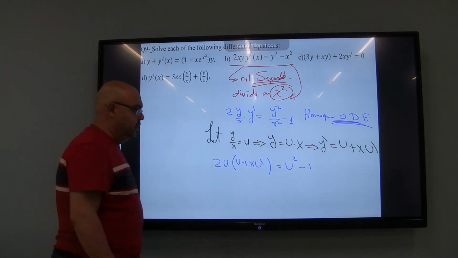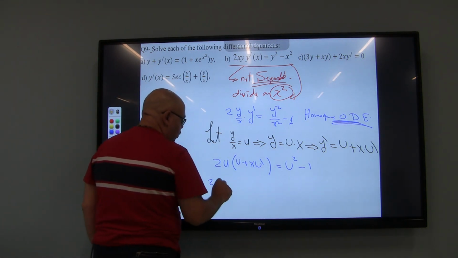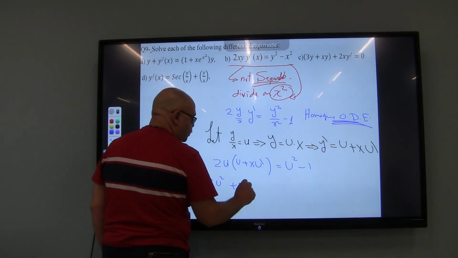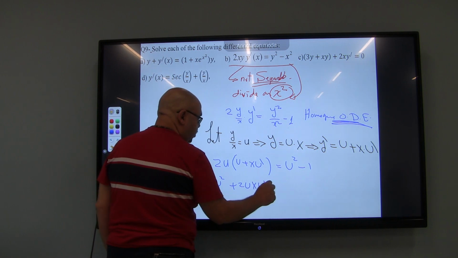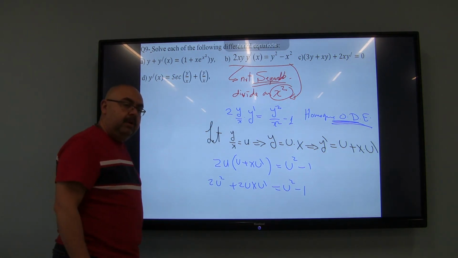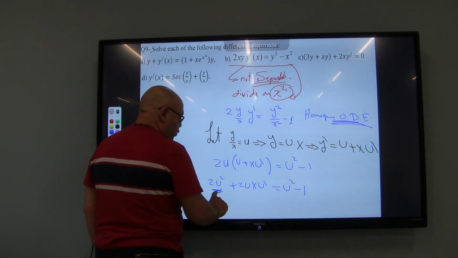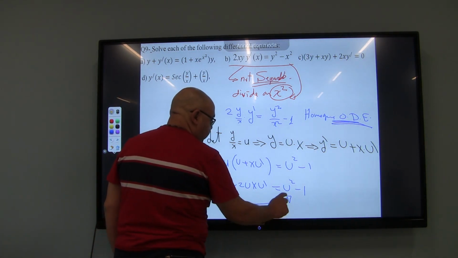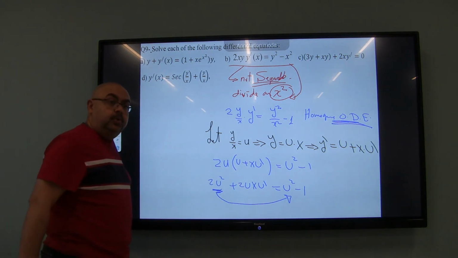Never give up. So it's going to be 2u squared plus 2ux u dash, which is going to equal u squared minus 1. Try to move 2u squared to the other side. So it's going to be negative 2u squared.